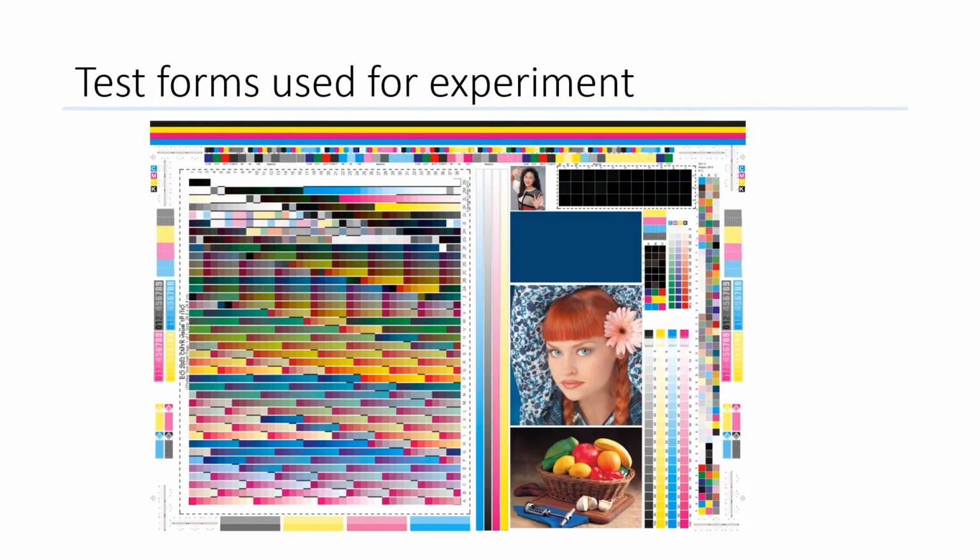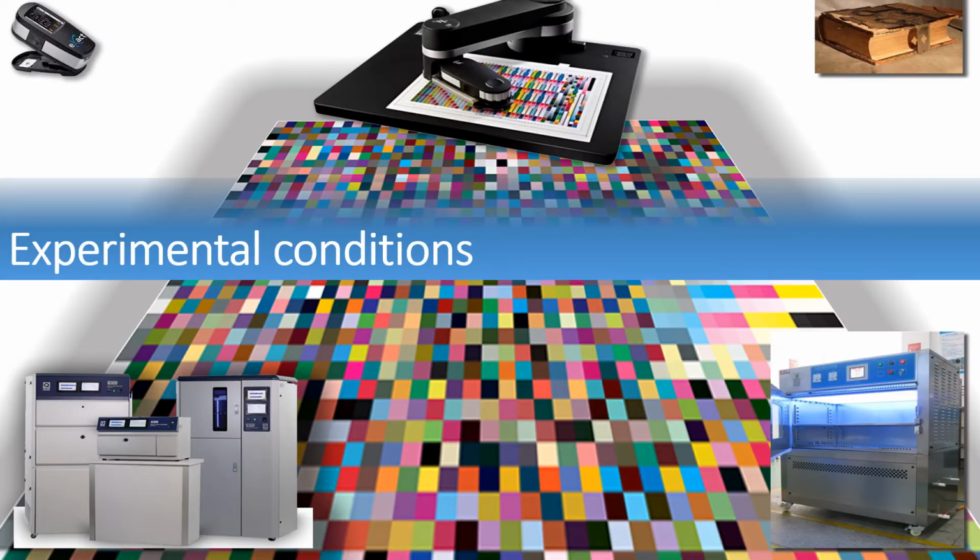We have created two test forms which are used for the experiment. Each of these test forms contains different color patches, control elements, images, and many more elements. We chose two commonly used papers in this experiment.